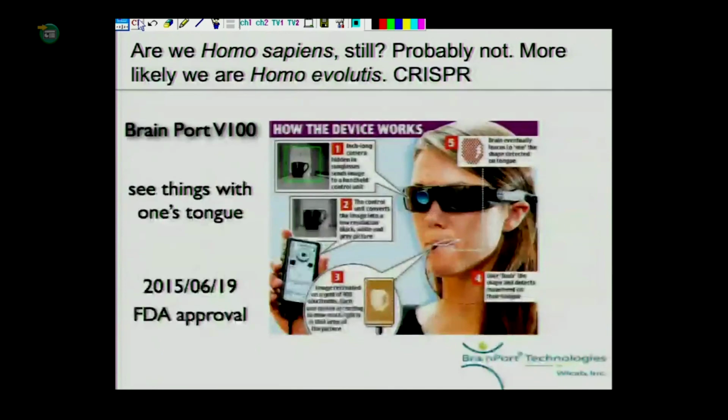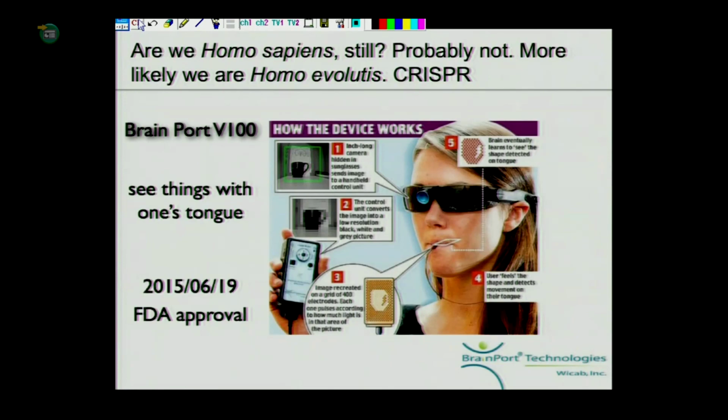This is also approved by the FDA for treating blind people. You put a little camera, and the signals are sent to the tongue. Previously, a machine was only assisting humans, but didn't change humans. But with this machine, the tongue has to learn how to interpret the information that comes from the camera.